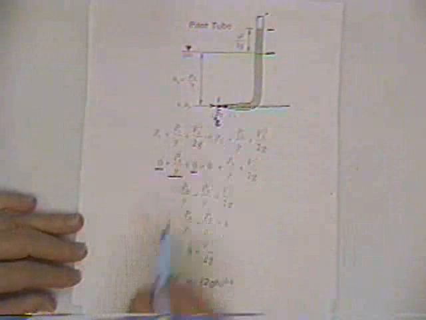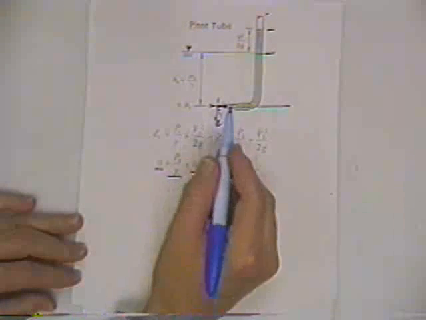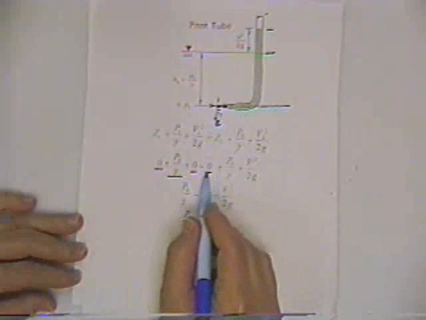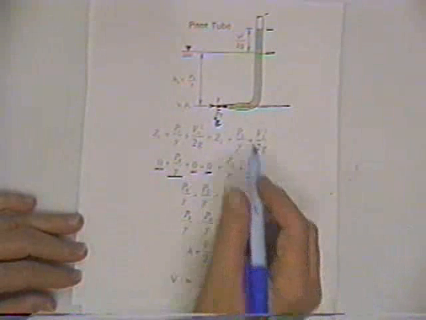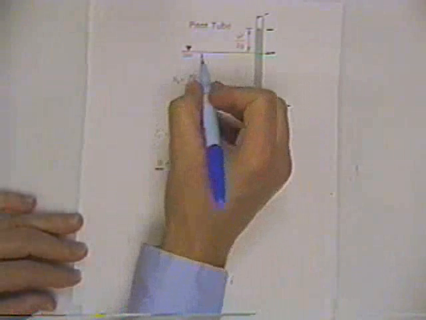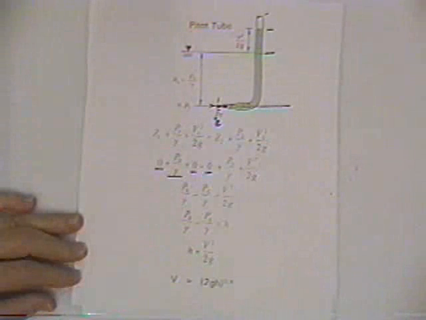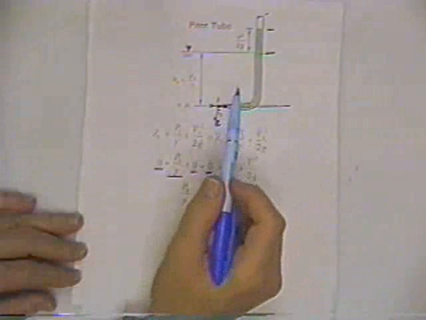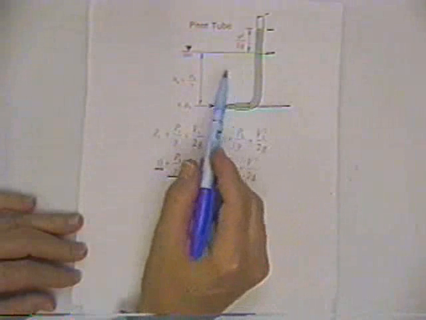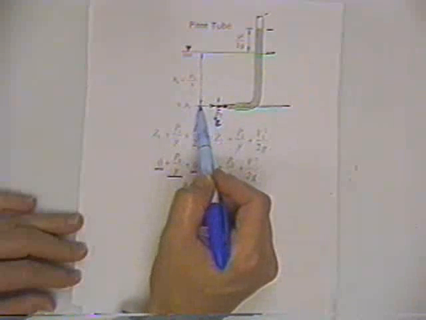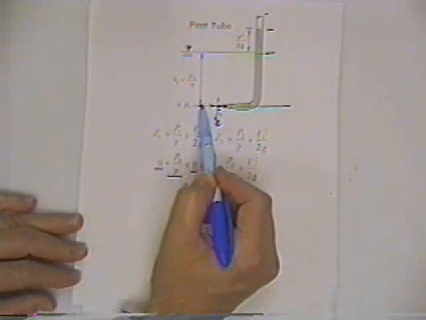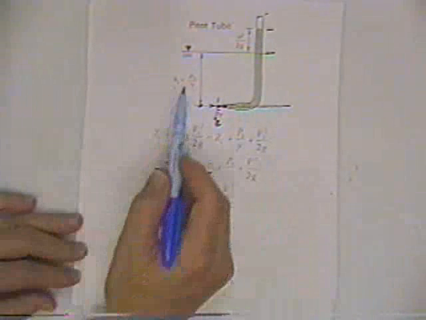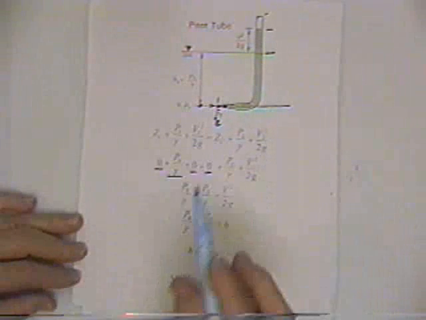Now, if you're outside the entrance to the tube, and say we're at the same vertical elevation, so our Z is still 0, and we've got some pressure, and this is the pressure head. If you're outside the tube, the pressure head is no different than from fluid statics, it's just the pressure would be gamma times the vertical difference in elevation between the water surface down to this point of interest to us, out here in front of the pitot tube, and so that's just the pressure divided by gamma.